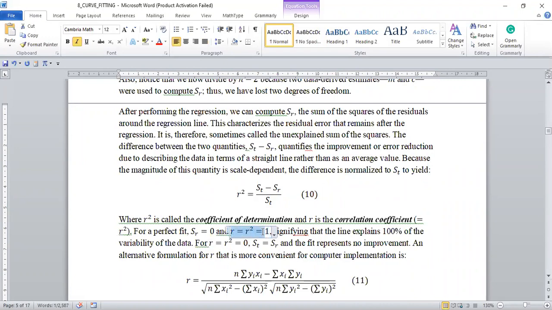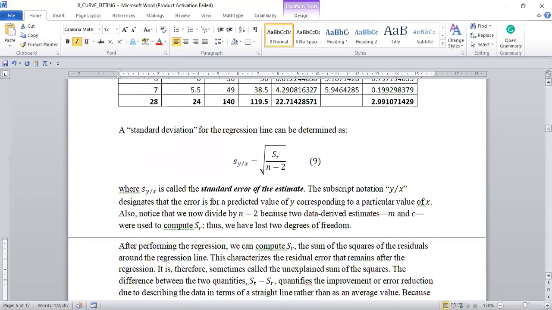If it's equal to 1, the line is a perfect fit and passes through all the data points. If it's very far from 1, the line we fit through the data is not so good. Also, we want SR to be equal to 0.